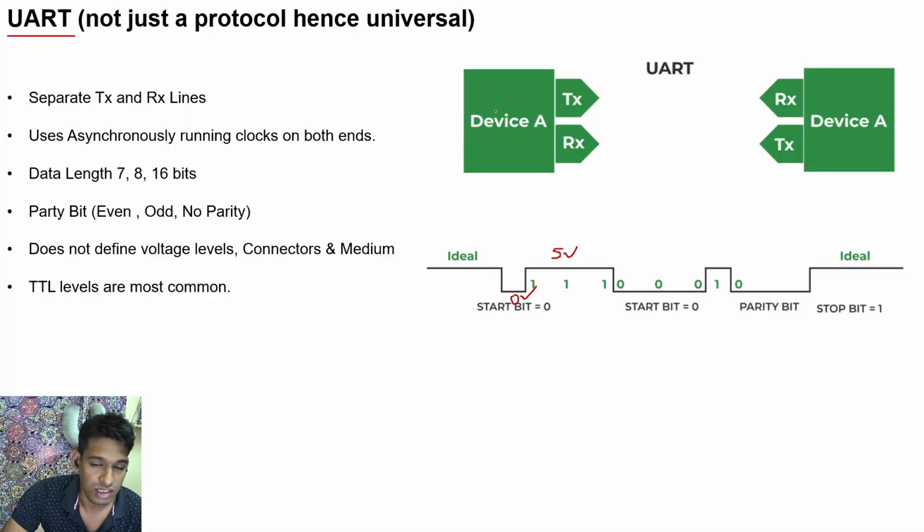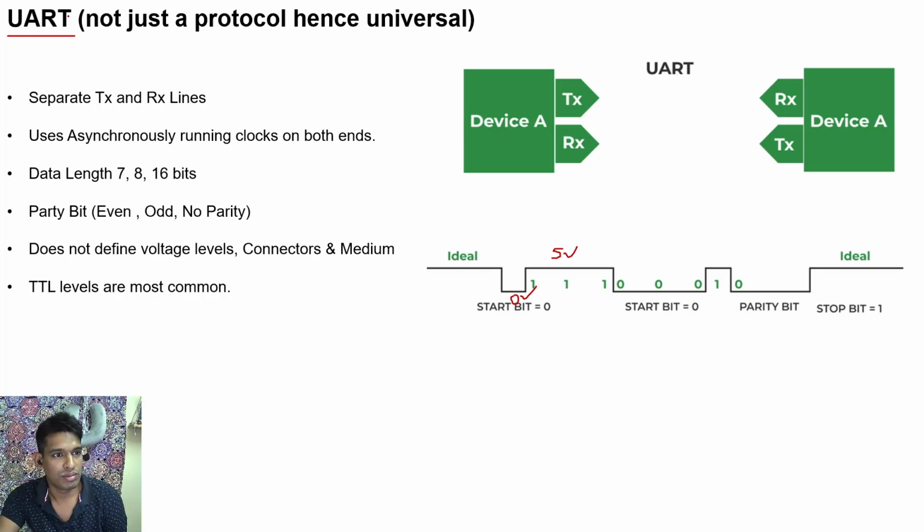It is an interface actually, because UART is not defined by software or communication engineers. UART was defined by chip manufacturers as a way to communicate from one chip to another. It was not an original communication protocol. It was just an interface for chips to communicate with one another.